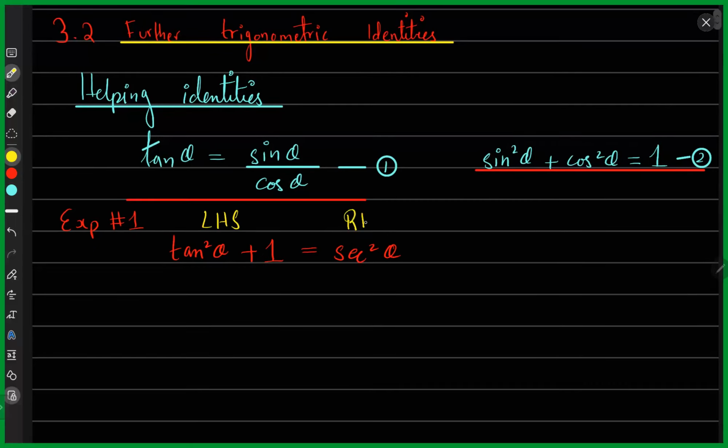You can start off with the left hand side and make it look like the right hand side, or you can start off with the right hand side, make it look like the left hand side, or you can simultaneously start both sides and at a point you should prove that both the sides are equal. So it's completely your choice, and this totally depends upon the scenario. For this one, we need to use our helping identity number 2. Let's talk about the solution for this one.